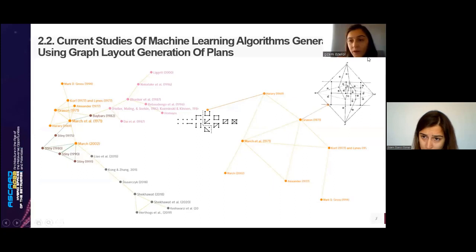Another study we can mention is Grason. Grason in 1971 developed a graphical expression methodology, the program infrastructure of spatial planning in architectural design.